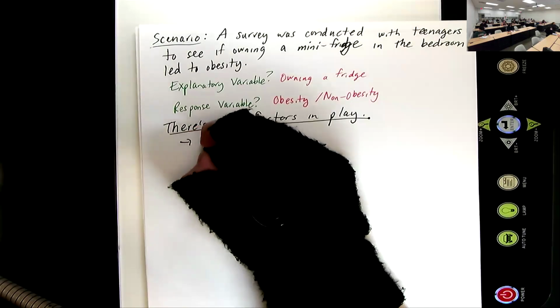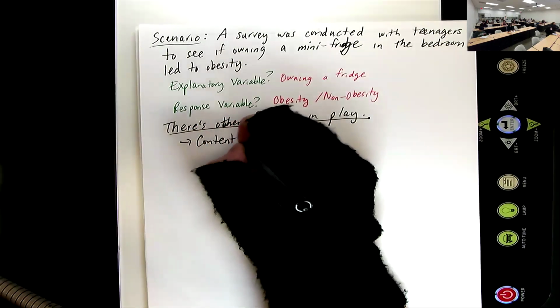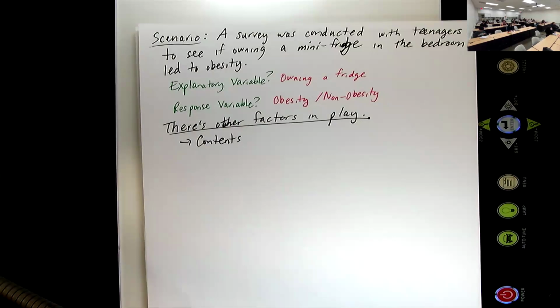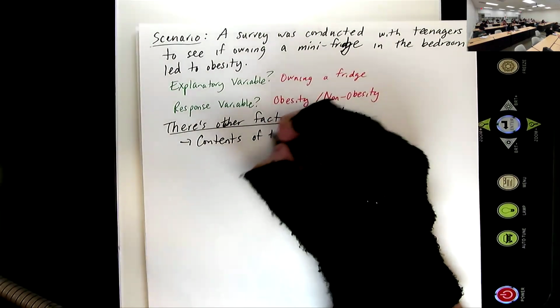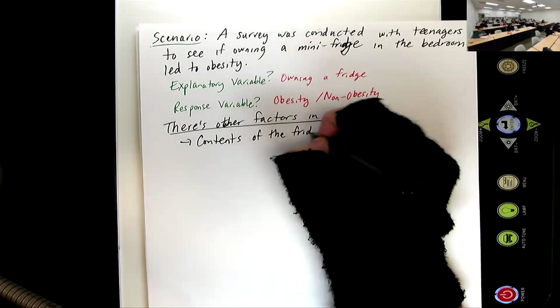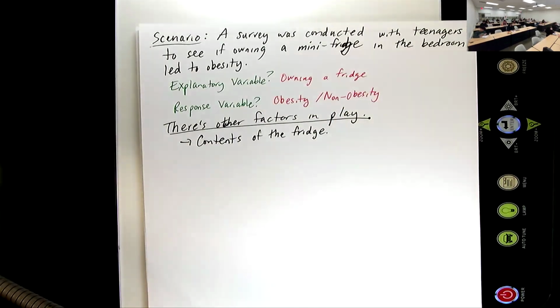One of them is actually usually one of the last ones people say: contents of the fridge matter. If you're just using it to store bottled water and fresh fruit, I'm betting that's not explaining anything.